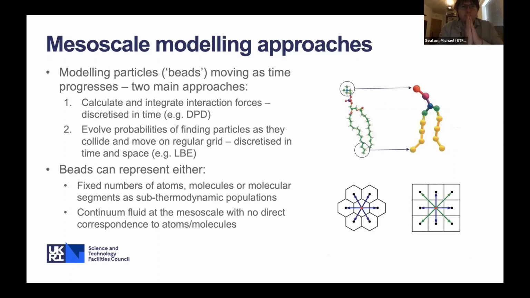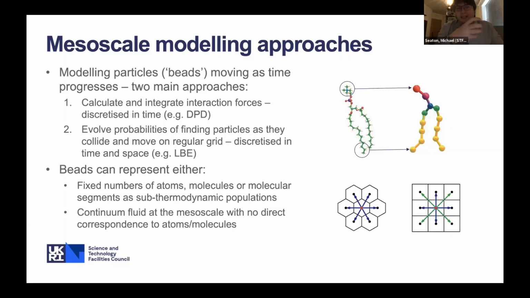So the main approaches for modeling at the mesoscale involve modeling some form of particles or beads, as I'm going to call them, and seeing how those move as time progresses. And there are two main approaches here.